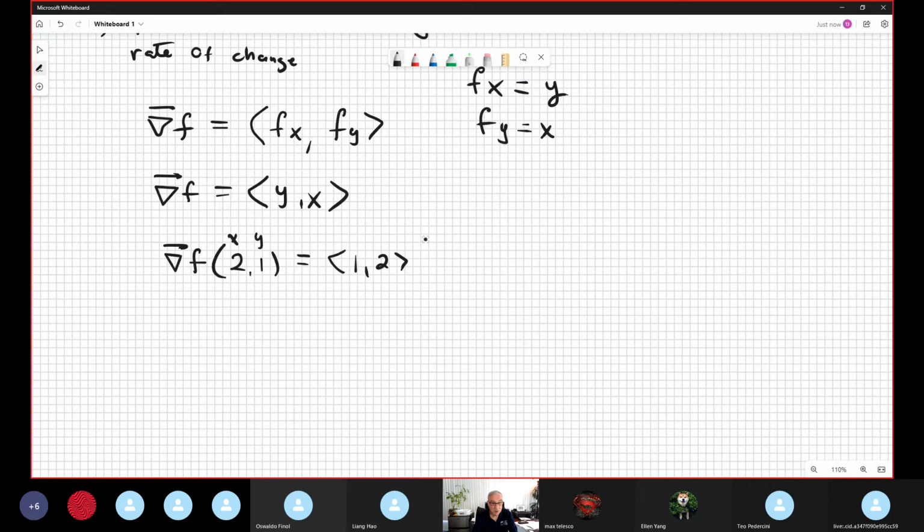So y is 1 here and x is 2. Now, if you want to find the direction of this vector, it's easy. You find the magnitude of this vector: square root of 1 squared plus 2 squared, this is square root 5.